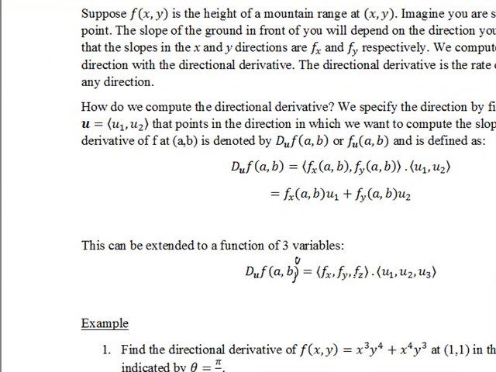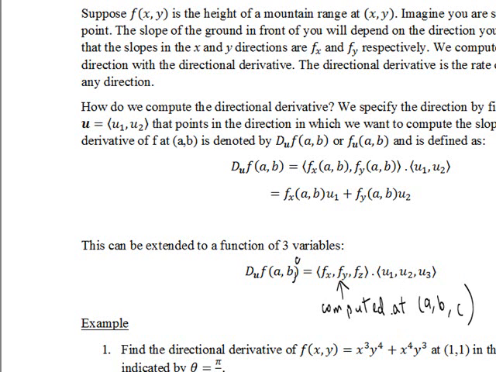Again, it is the partials at the point. So these partials here must be computed at the point (a, b, c), and of course dot it with the unit vector.